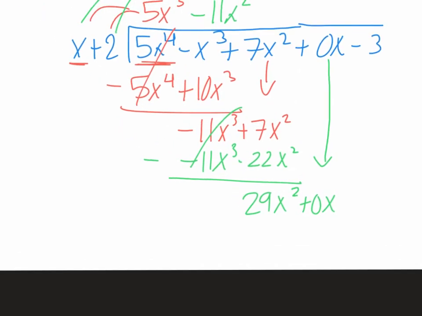Oh, you did it! Copier's working. Crowd goes wild.